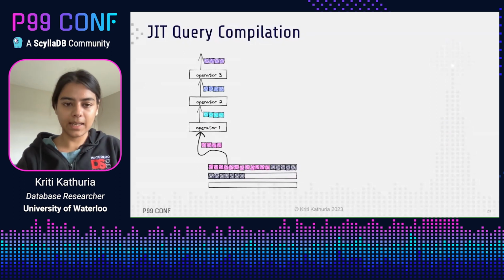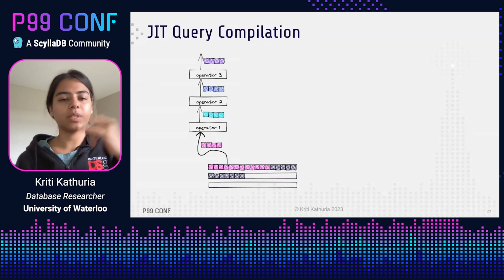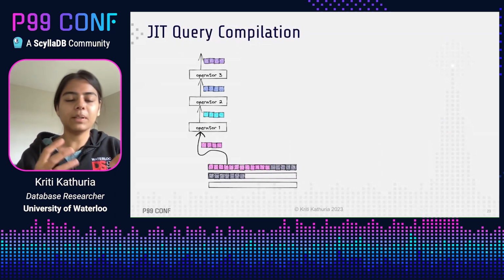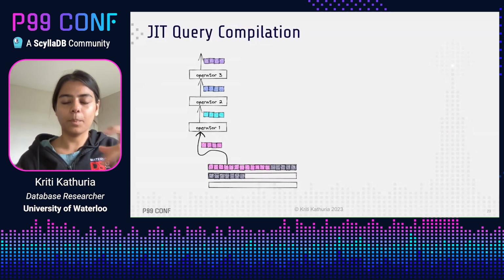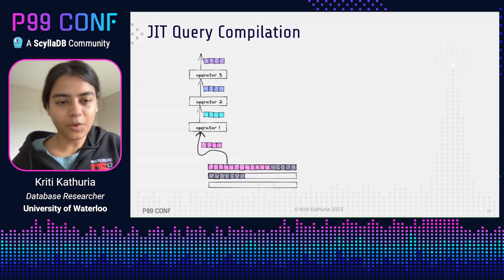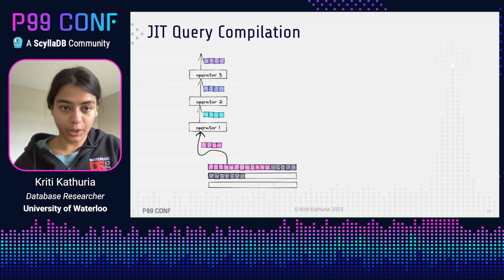Let's see how that works. In this case, we are taking a vector and pushing it through our operators. These operators are the relational operators present in your SQL query. For example, operator 1 can be a selection operator, operator 2 can be an aggregate operator, and operator 3, just for the sake of argument, can be a join operator.